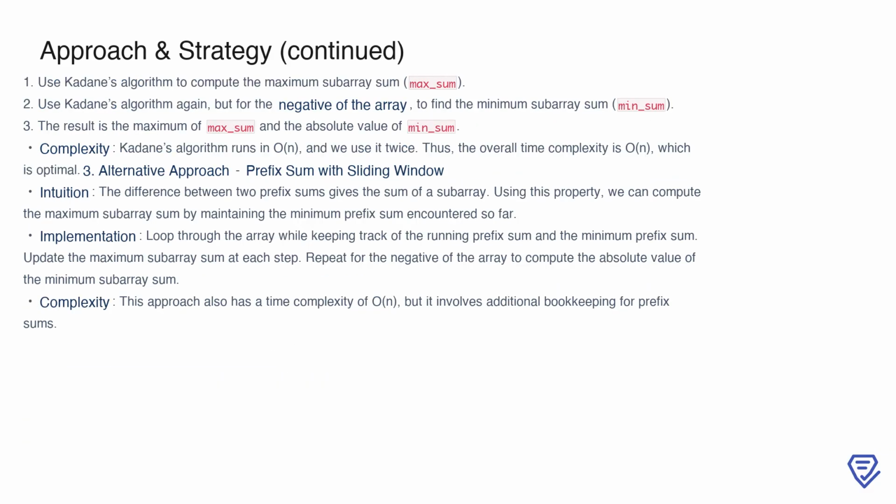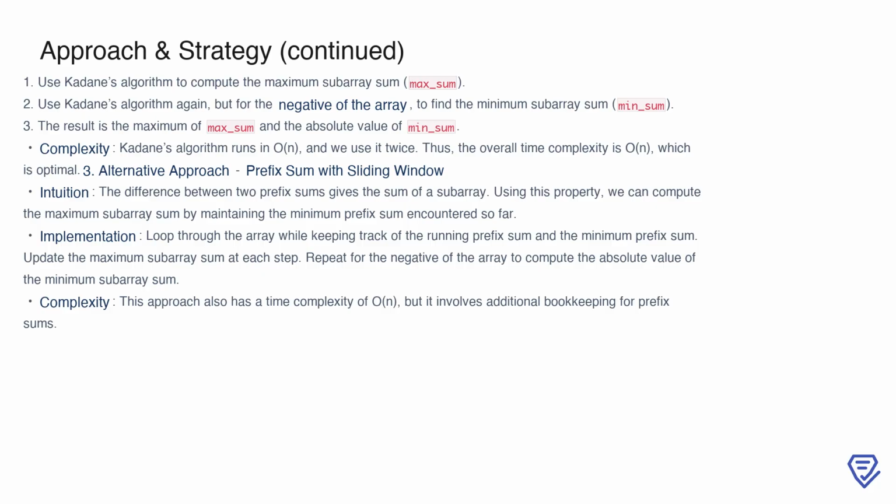The optimized approach based on Kadane's algorithm can be broken down into 3 steps. First, we apply Kadane's algorithm to compute the maximum subarray sum, which we'll call max_sum. Then, we apply Kadane's algorithm again, but this time to the negative of the array, to find the minimum subarray sum, which we'll call min_sum.